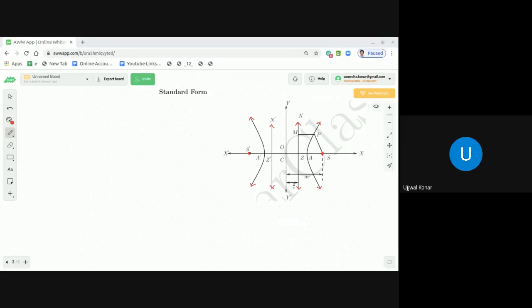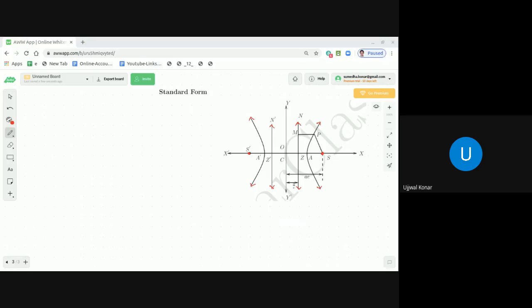If you look into this diagram very minutely, what you see is that NZ is the directrix, S is the focus, and as you know, E is the eccentricity of the hyperbola.